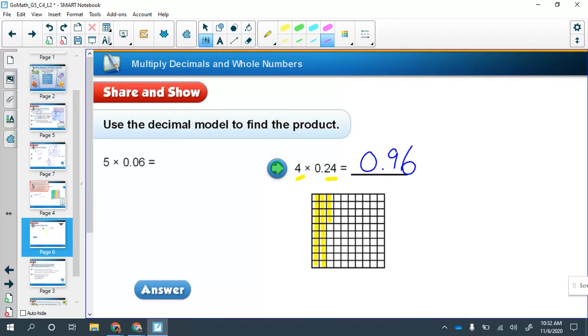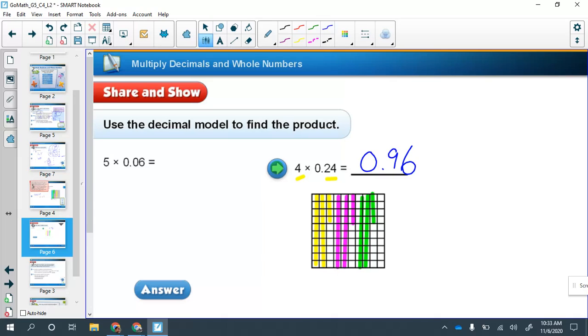Well, there's one group, and then they'll start totally anew with group number 2, right? And they'll shade in 24 hundredths. And then they'll go to group number 3, and they'll shade in 24 hundredths. And this gets really tricky and really confusing because if you take a look at this, where are we going to put group number 4?